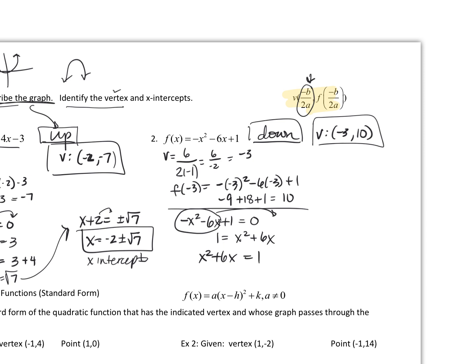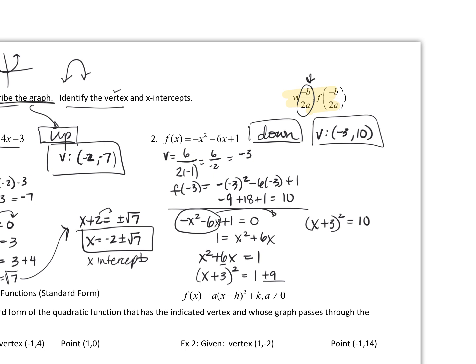But it's the same. Now we do copy, copy, cut, right? Copy x, copy the sign, cut this in half, square it. And then what do I have to add on my right side? 9. Okay, so now I have x plus 3 squared equals 10.